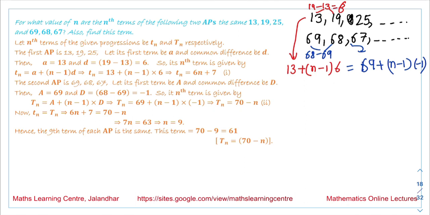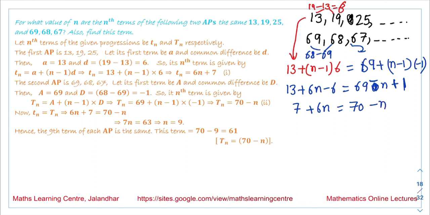So what we get on solving these two is that 13 plus 6n minus 6 is equal to 69 plus n minus n plus 1. So this gives us 7 plus 6n is equal to 70 minus n. So 7n is equal to 63.